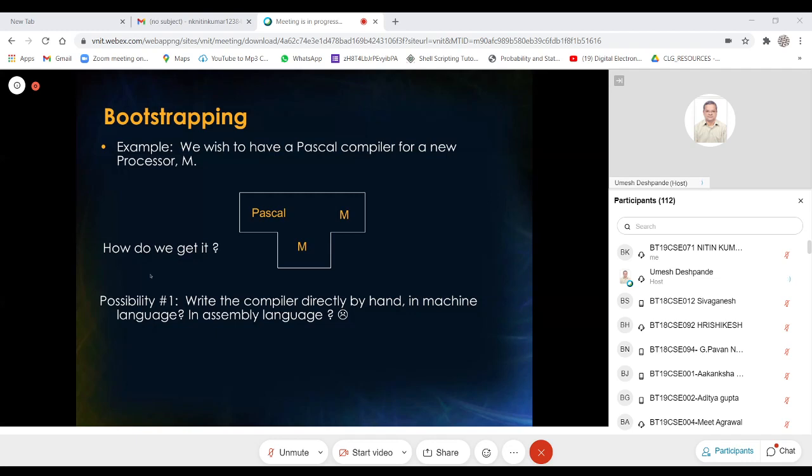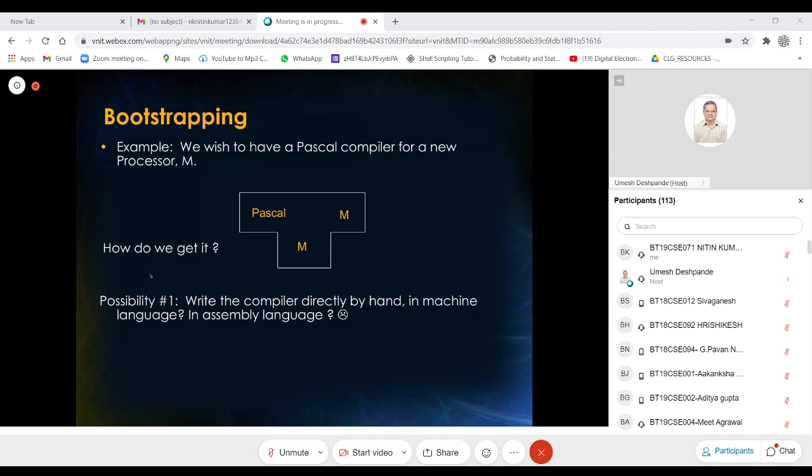But that also does not help us much, because yesterday we discussed that even a small sorting program, something like bubble sort, is around 10 to 15 lines of code in a higher level language. But if you try to write it in assembly language, it will require quite a bit of effort, roughly 50 or more lines. Now we are talking of writing this entire compiler, which is a huge, mammoth task. So writing it in assembly is extremely tough.